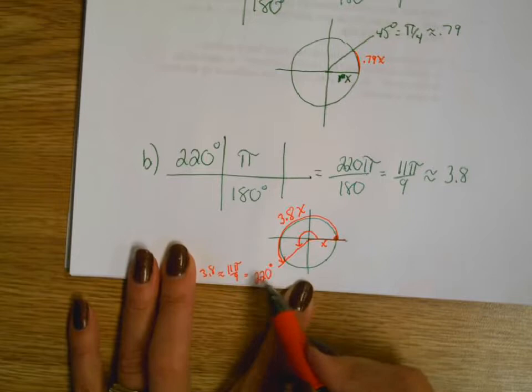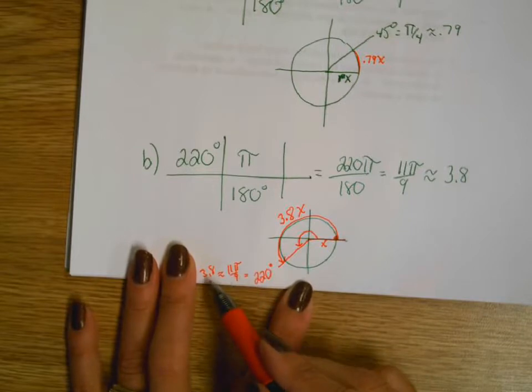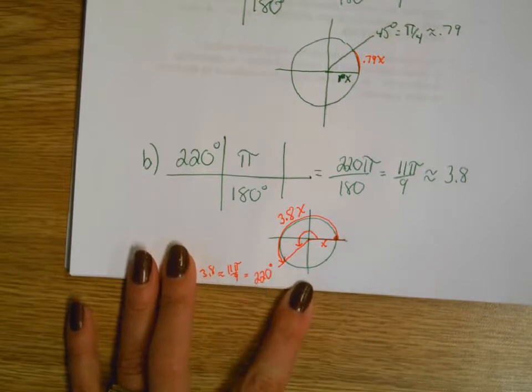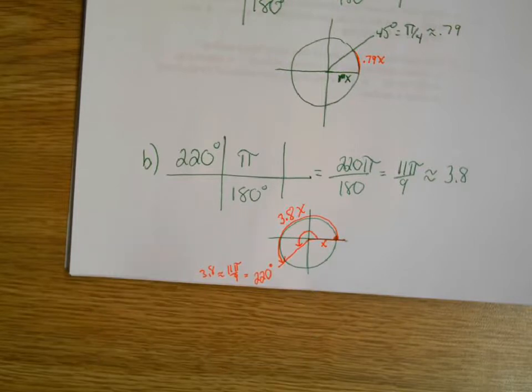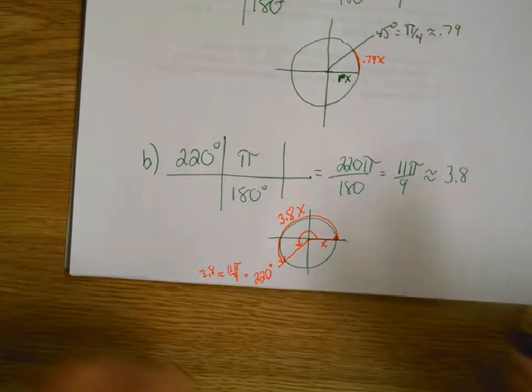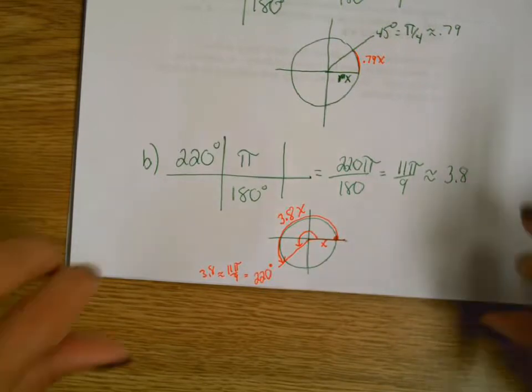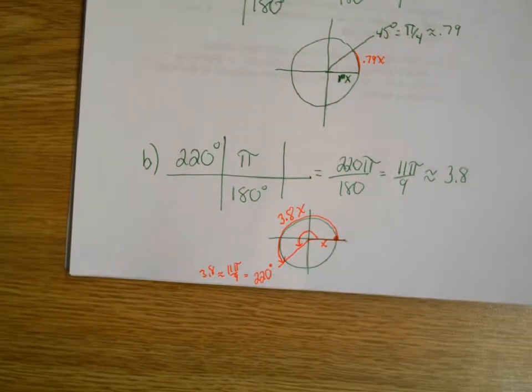So 220 degrees, 11 pi over 9, and about 3.8 are all marking the exact same spot on the unit circle. So are you good with going from degrees to radians? Oh, they do some ugly ones too, that we're not exact with. Can I get rid of this? Yes. Hey, why did you do 0.79 and then 3.8?